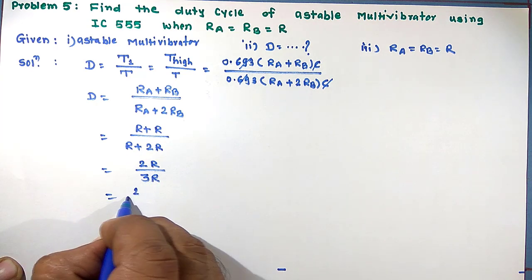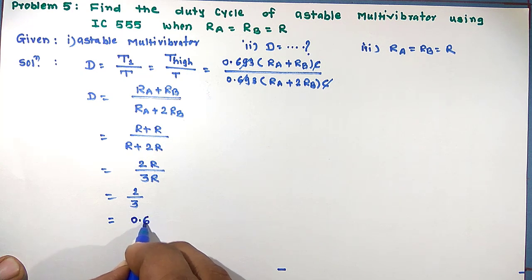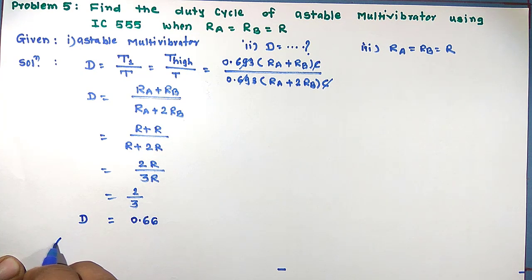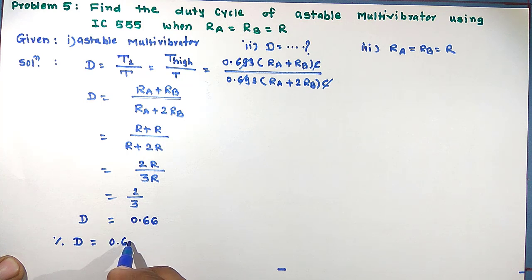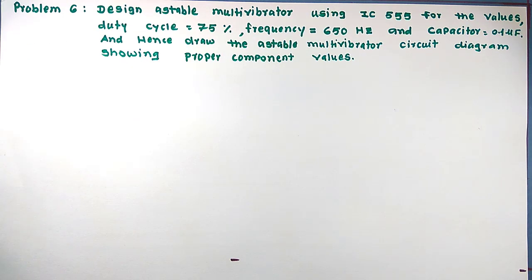So this is 2 by 3 equal to 0.66. So percentage duty cycle D is equal to 0.66 into 100%. So percentage duty cycle D is equal to 66%.